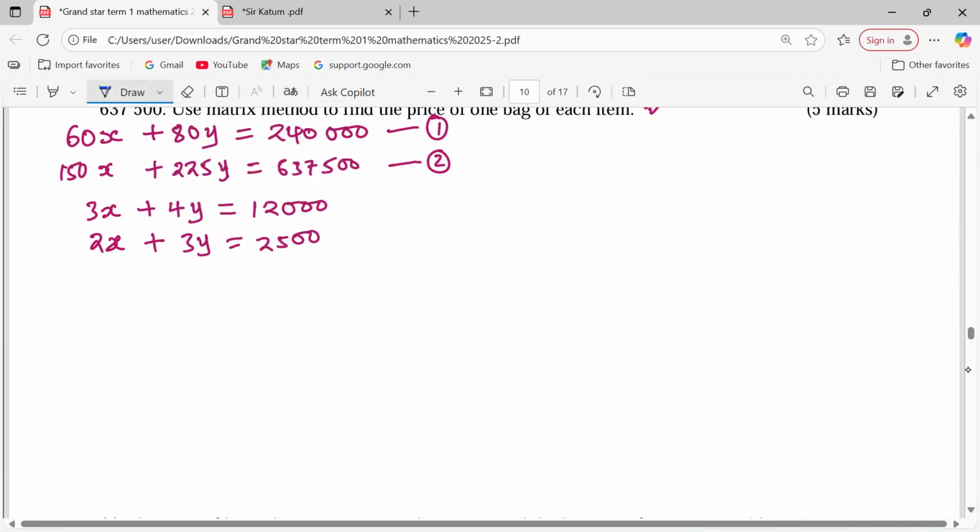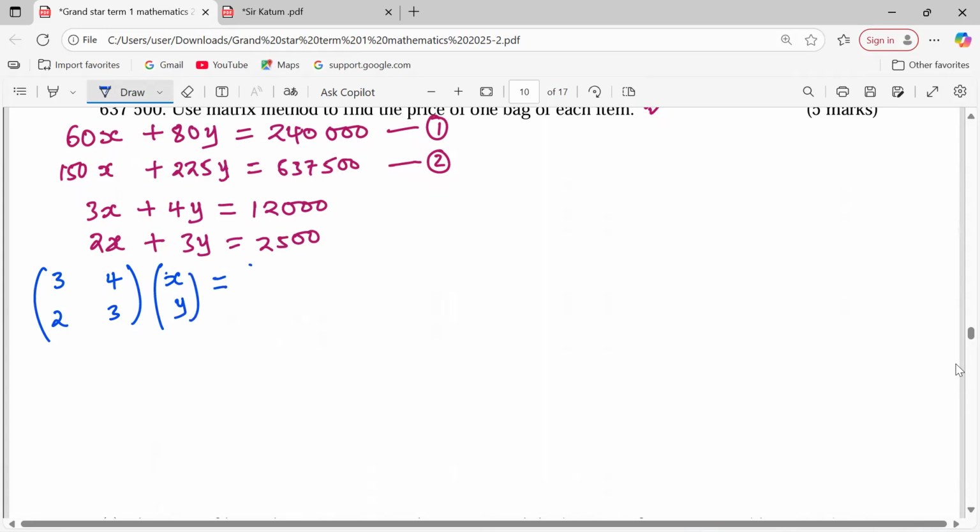The first matrix is called the coefficients matrix, whereby you extract the coefficients as 3, 4, 2, 3, like that. Then the variables, x and y, variables matrix.